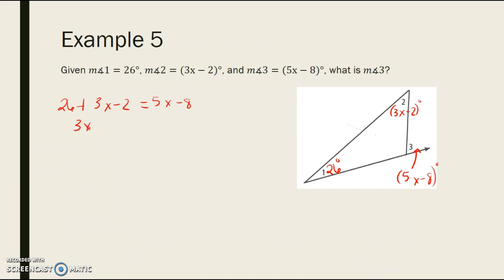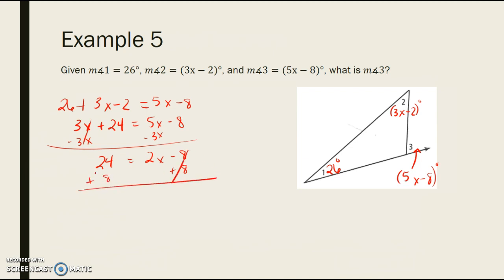So then we'll combine like terms. So we end up with 3x plus 24 equals 5x minus 8. I'm going to subtract 3x from both sides so that we have 24 equals 2x minus 8. Add 8. So we end up with 32 equals 2x. Divide by 2, and so then we know that x is 16.